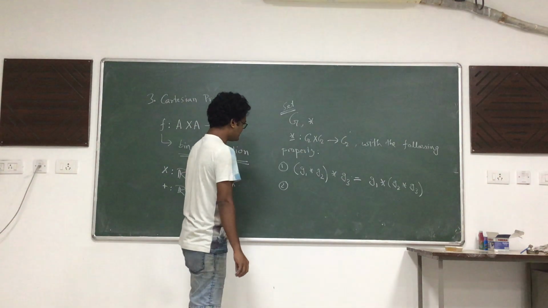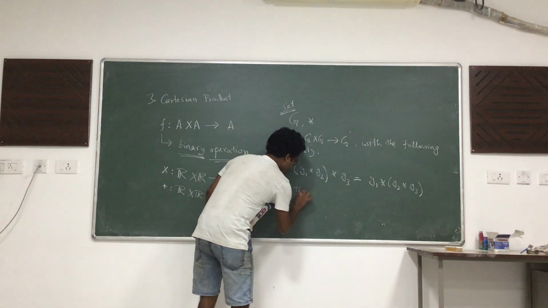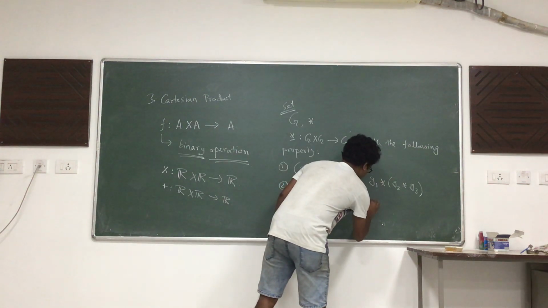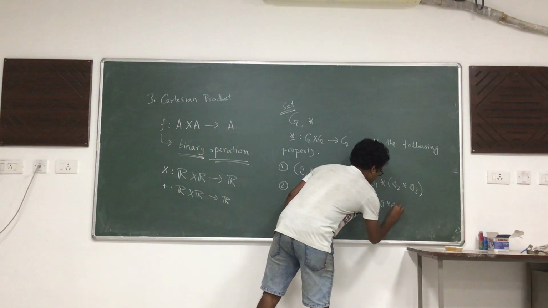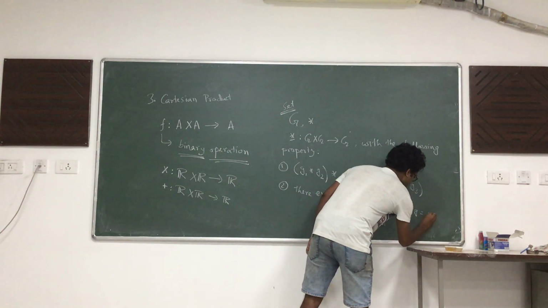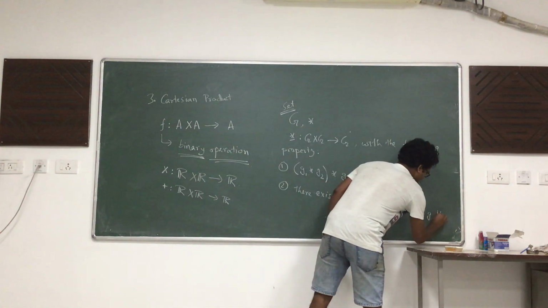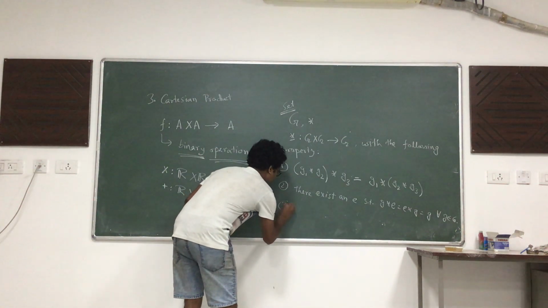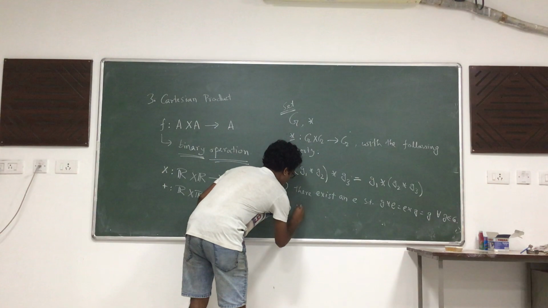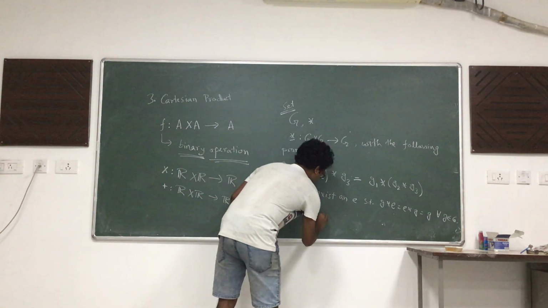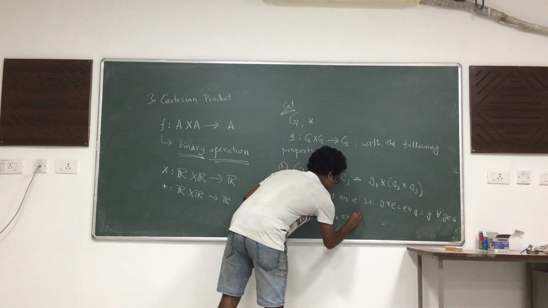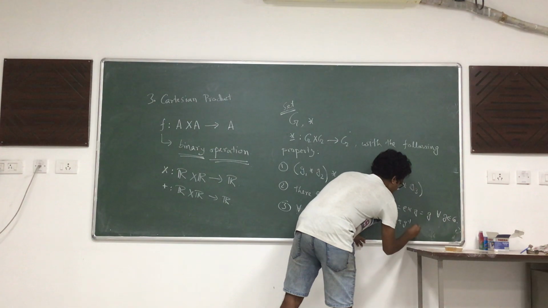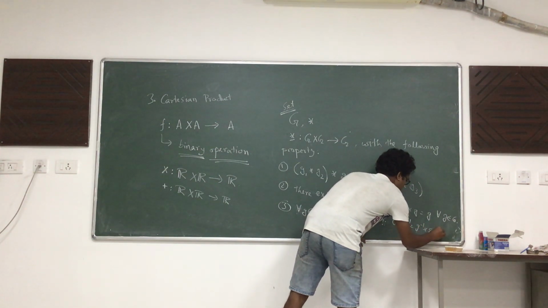Second is the existence of identity. Let's say there exists an element, call it E, such that G times E is equal to E times G is equal to G, for all G belongs to capital G. And third, for all G belongs to capital G, there exists G inverse such that G times G inverse is equal to G inverse times G is equal to identity.